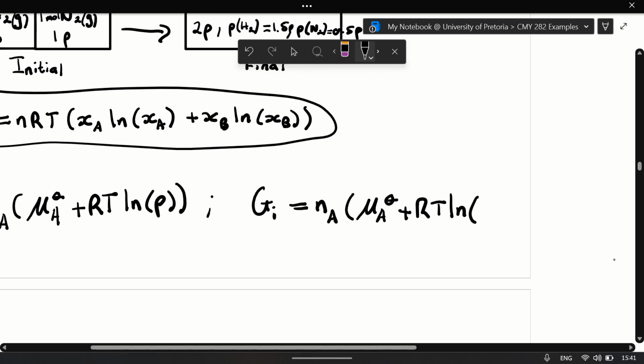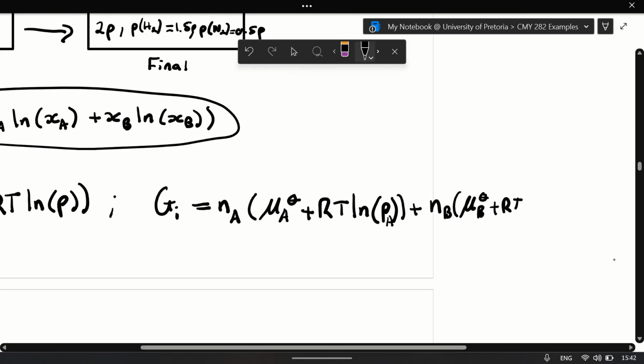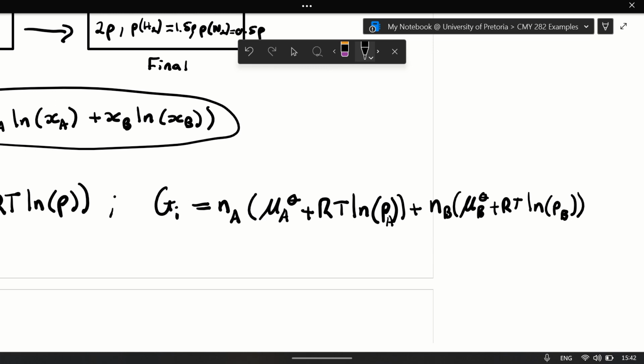So the number of moles of A times its chemical potential, plus RT ln of the initial pressure of A, plus the number of moles of B times its chemical potential, plus RT ln of the initial pressure of B. I don't know how explicit I should be, but you get it, because this is the initial condition, so it's the initial pressures of A and B that we are referring to in this.